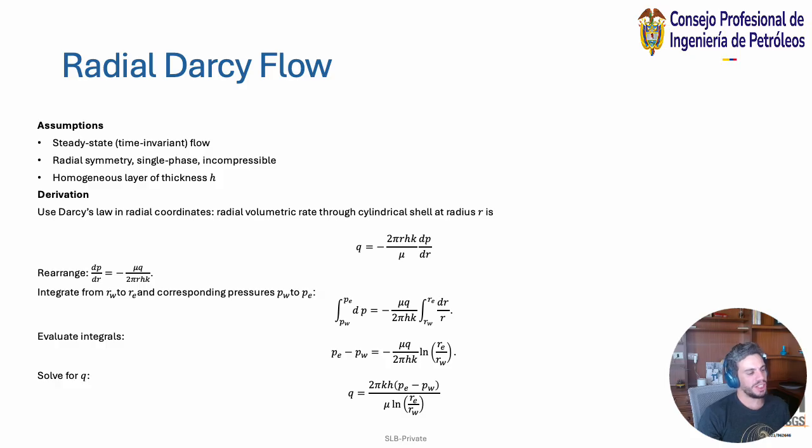And we can also see this pattern now that if RE over RW is large, then that basically dominates the delta P, due to its nature of the natural log. And this becomes the basis for the productivity index or pressure transient testing or well testing analysis. So this concept is really important to get yourself familiar with, right?